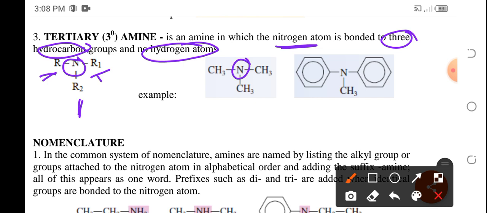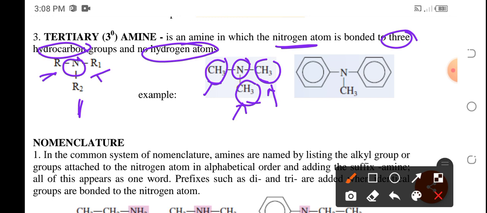So this is the nitrogen, which is the functional group for amines. The hydrogens have been replaced by an alkyl group. In this case, the alkyl groups attached to nitrogen are the same. They all bear CH3s.